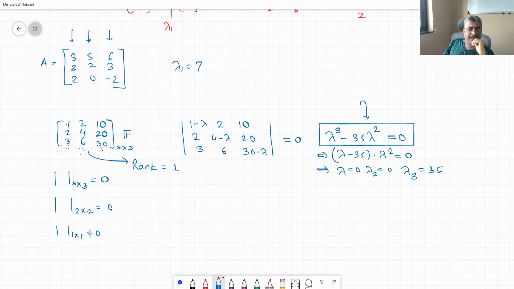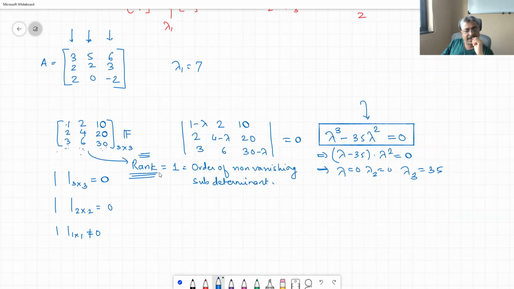Rank is 1, that means rank is the order of the non-vanishing subdeterminant. Okay, and this rank of the matrix eventually will help us to find out the dimension of the solution set, but that discussion we will do later on.